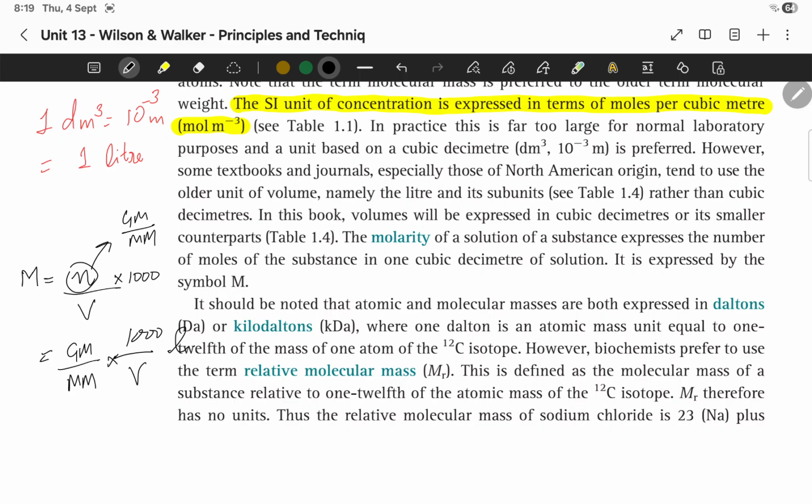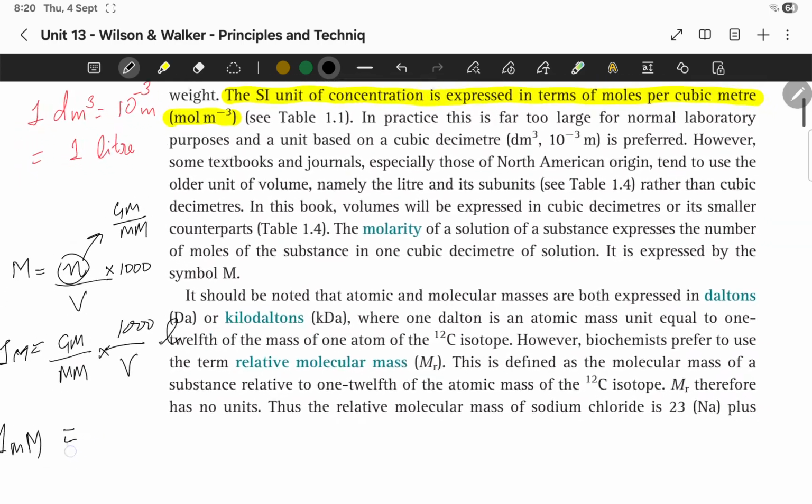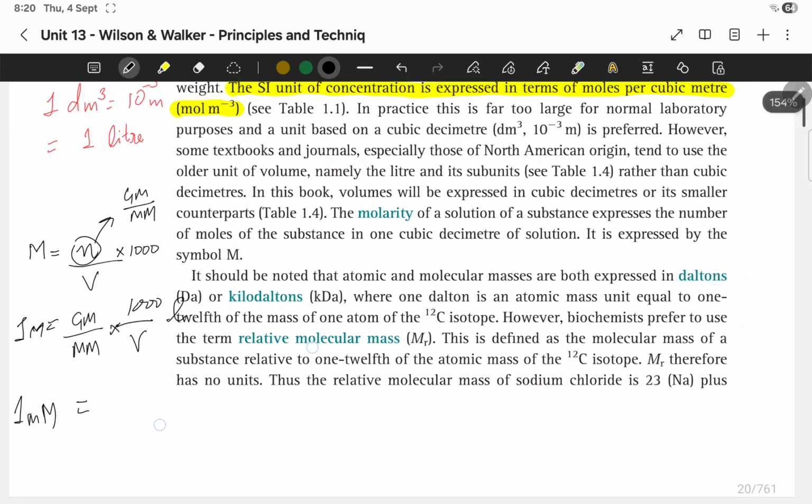So for this, this is 1 molar, 1 millimolar, so it will be multiplied by 1000 or divided by 1000.